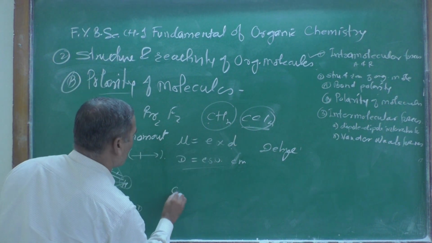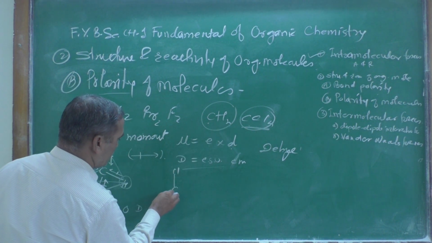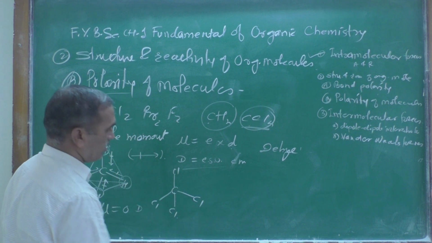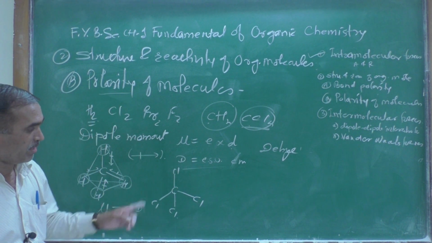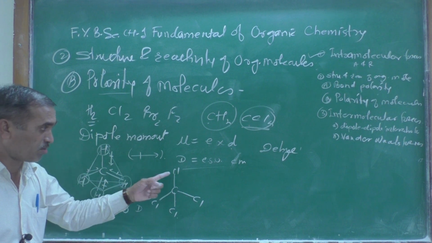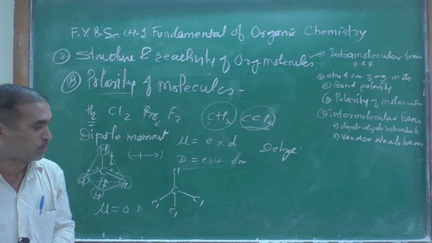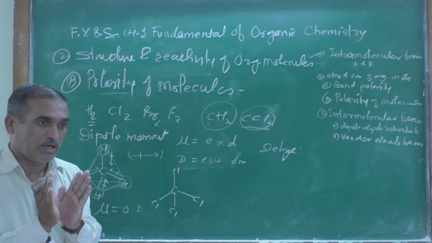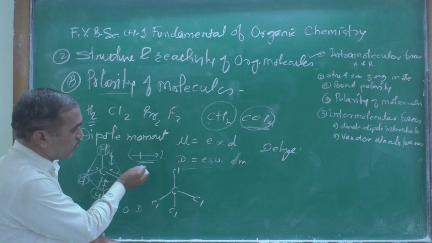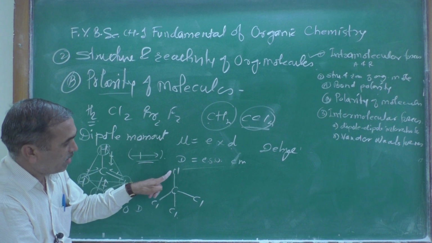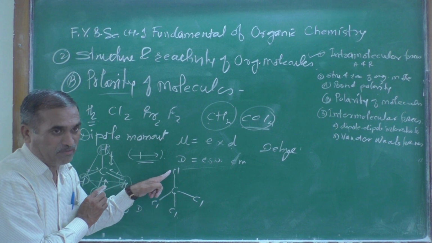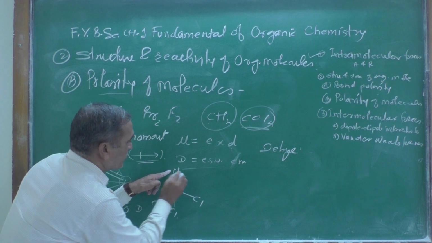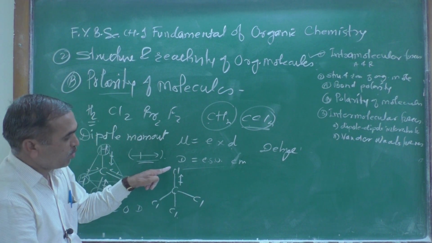Similarly in carbon tetrachloride, here Cl, then Cl, then Cl, and Cl. Now remember here, chlorine is more electronegative in nature, so how do you show this dipole moment? Carbon and chlorine, chlorine atom is more electronegative, and therefore the arrow should point toward the chlorine atom.